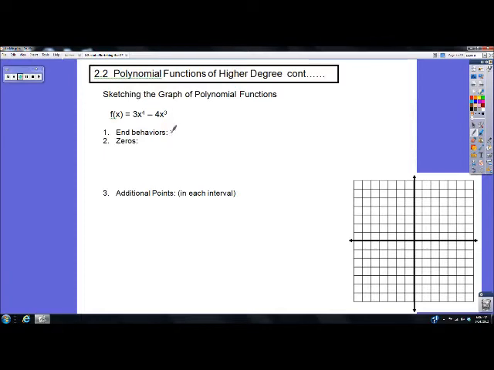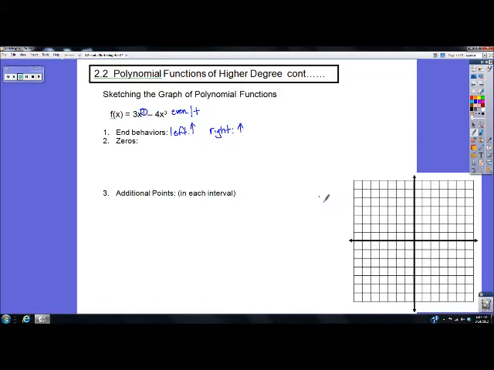So let's determine the end behaviors of the graph. What's the left side of the graph doing? And what is the right side of the graph doing? This is an even degree with a positive coefficient. So that tells me that the left side of the graph is going up and the right side of the graph is going up.